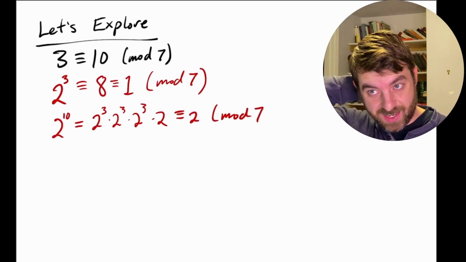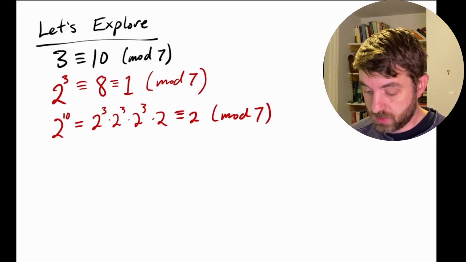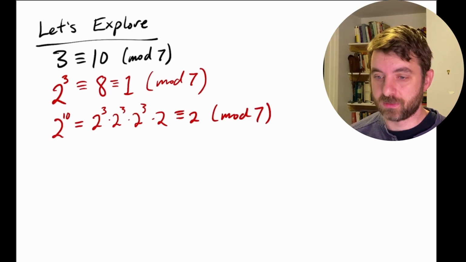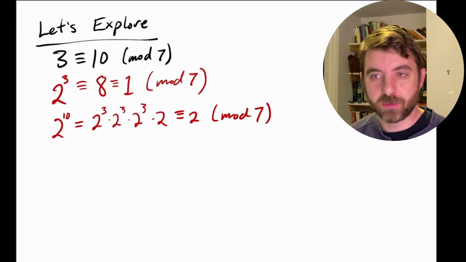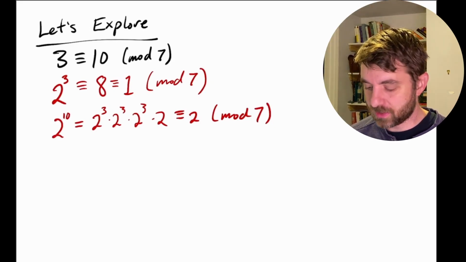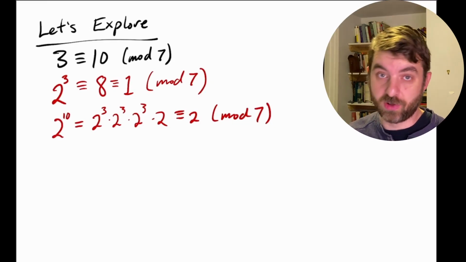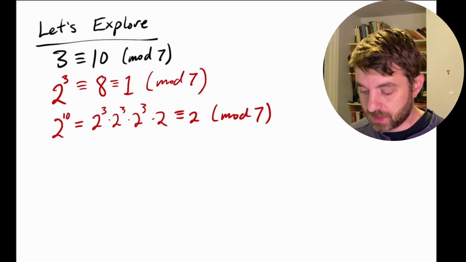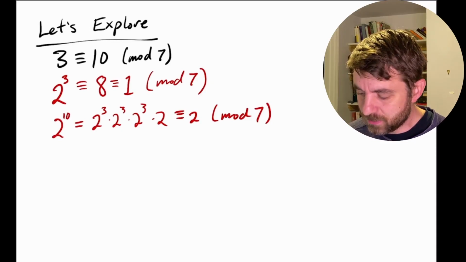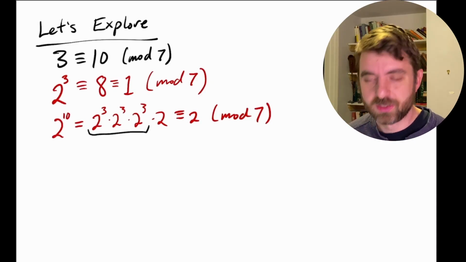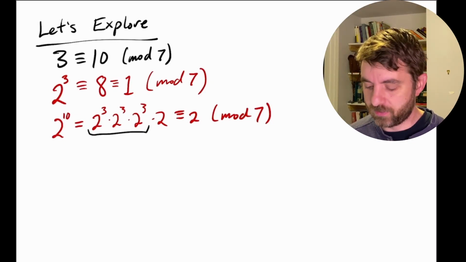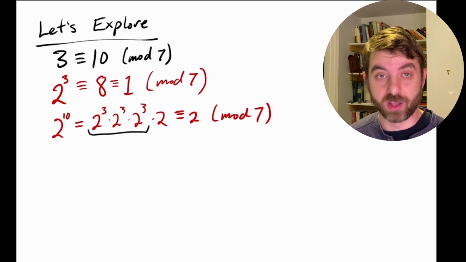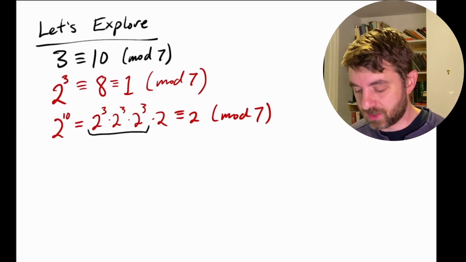So they're not equal. They're not equivalent. It seems to be a problem, but there's a couple pieces of information that we can glean from this. One is that, yes, first of all, you can't just reduce mod n, but the second thing is that it did seem to be useful to find the exponents where if you raise the base to that exponent, mod n, you get 1, because it allows you to do all kinds of cancellation.